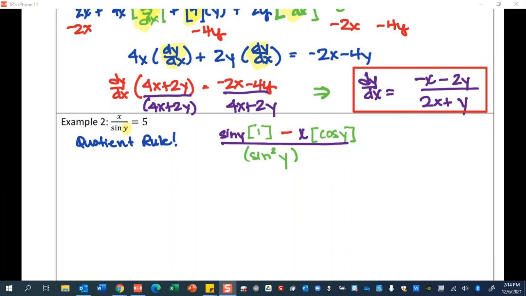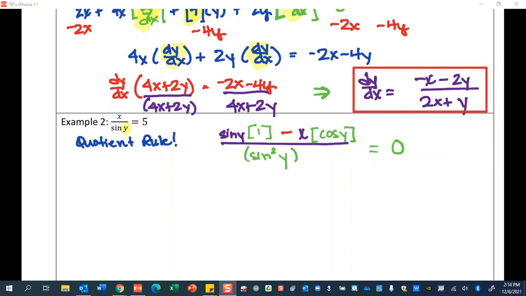And what are we doing over here? Where's our dy dx? Oh, we missed it. So if you don't have a dy dx, go back because you missed it.